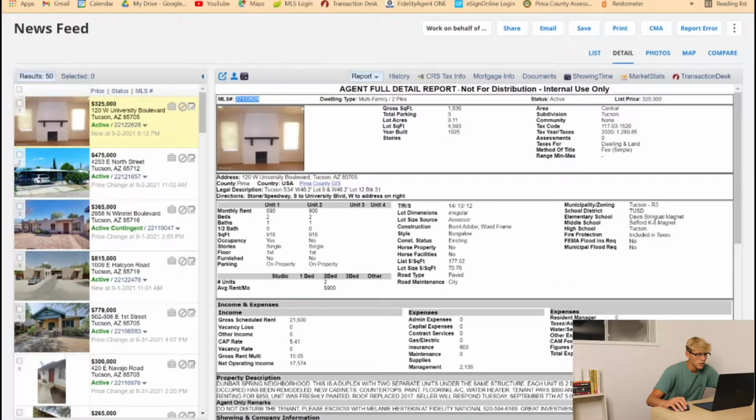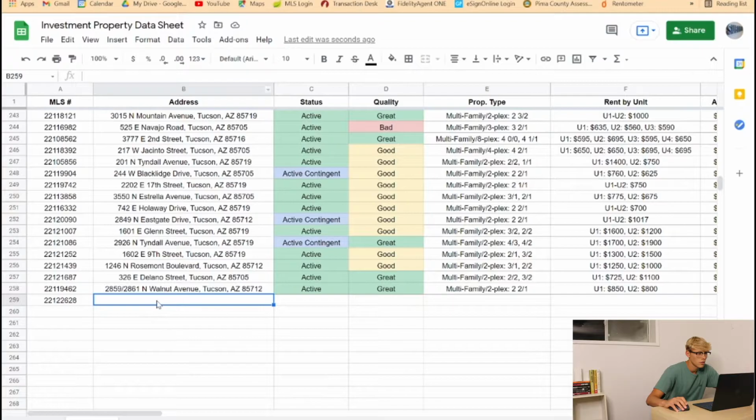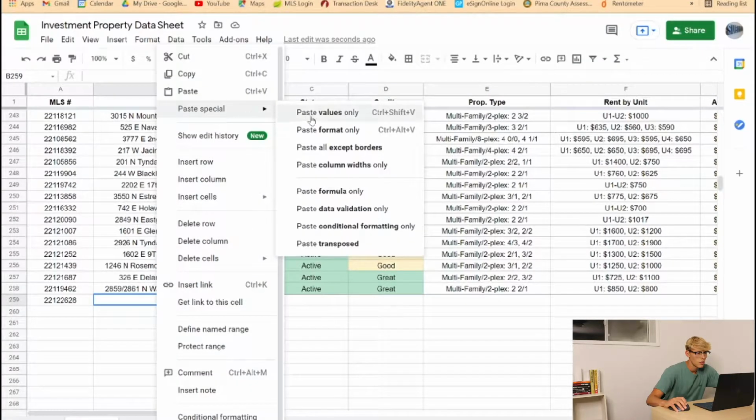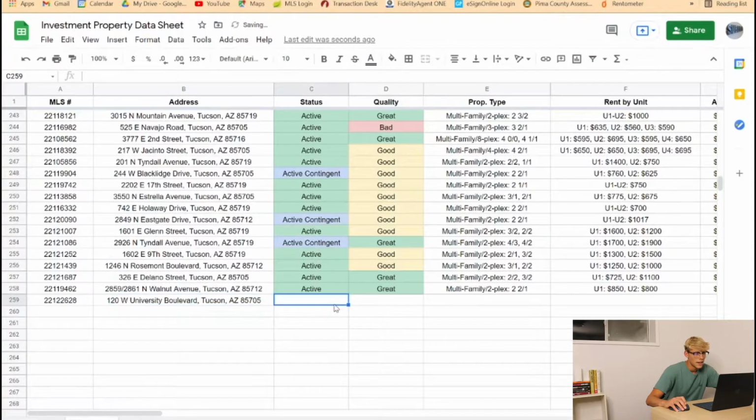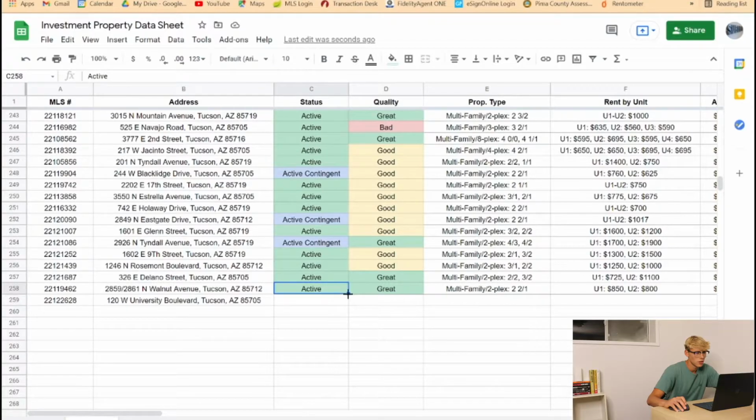So we're going to go back here and copy the address. Then I like to put the status of them because I go back and change them. Right now, as you can see, it's currently active on the market, so we're going to put active here.